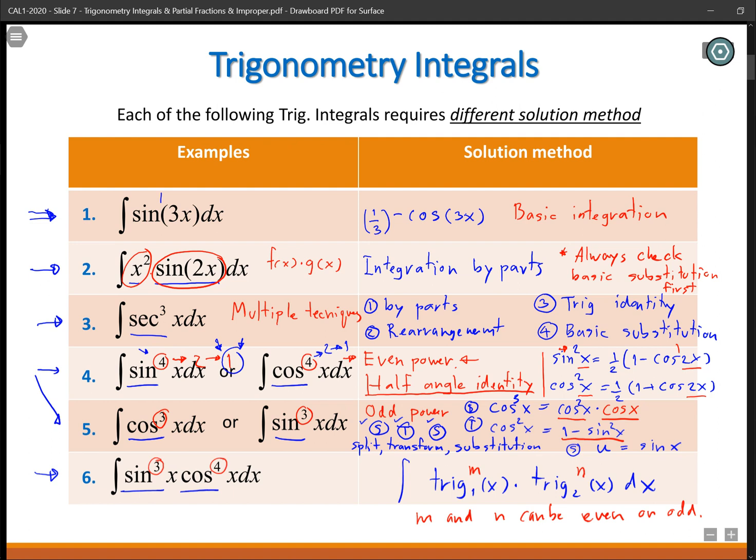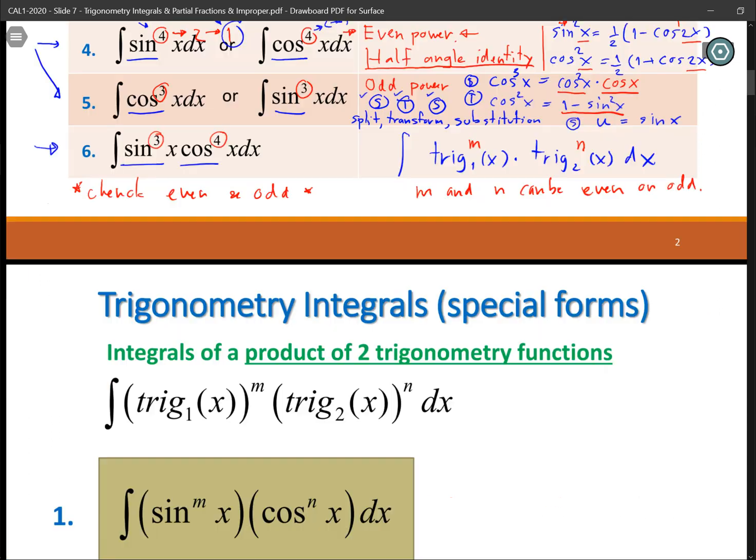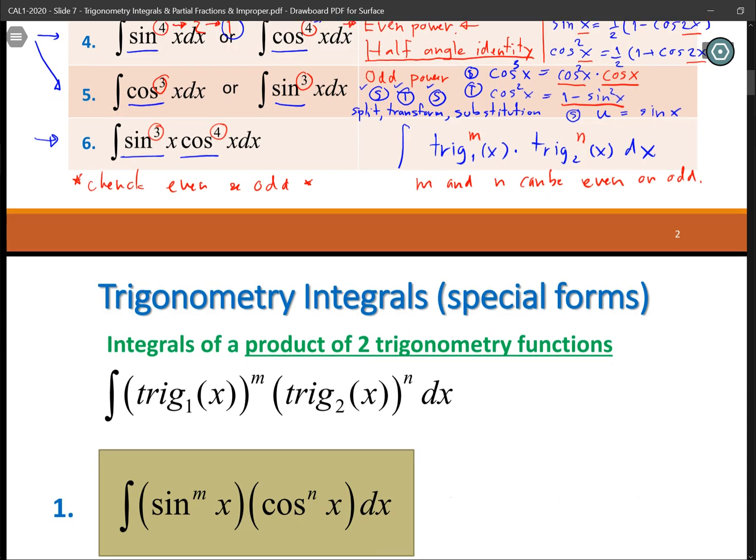And I just want to make a note again here that even and odd property plays a very important role. Check even and odd property. Important role when it comes to the strategy that you need to use to solve the integrals. All right, keep in mind even and odd, very important.